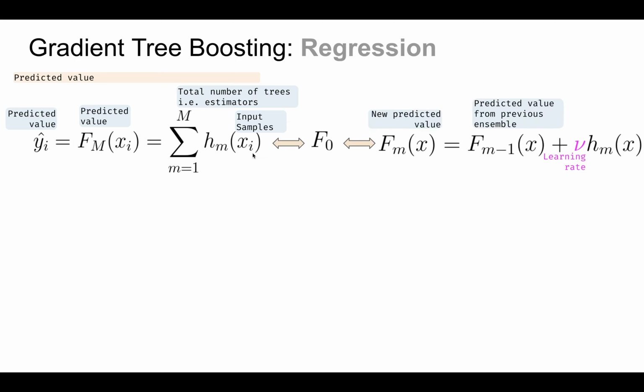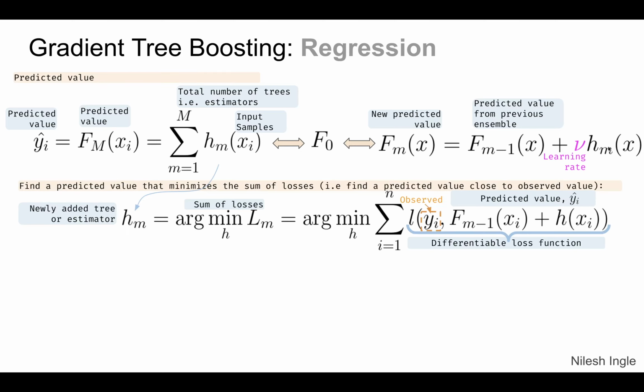And here the very first is we start with f_0, and then in subsequent values that we calculate for the predicted y, we add the new value of h_m of x to this previously calculated value. So that would be our learning rate times h_m of x.